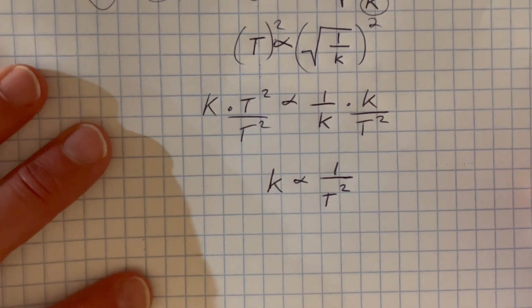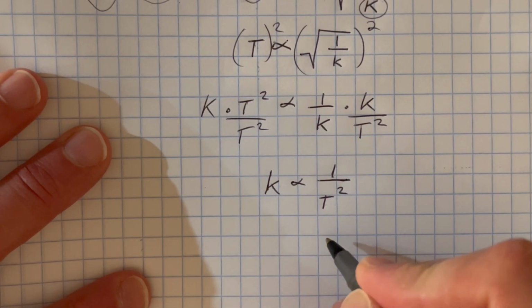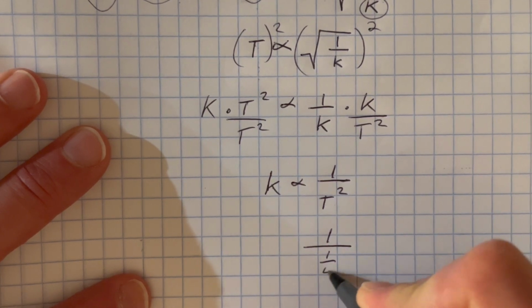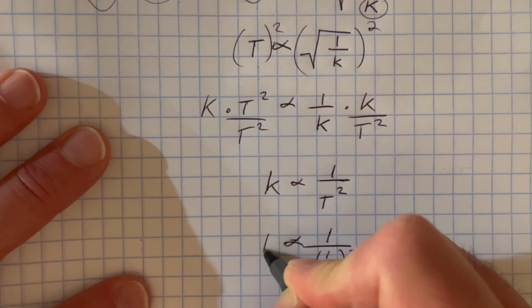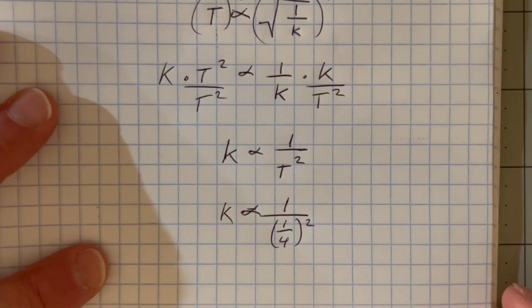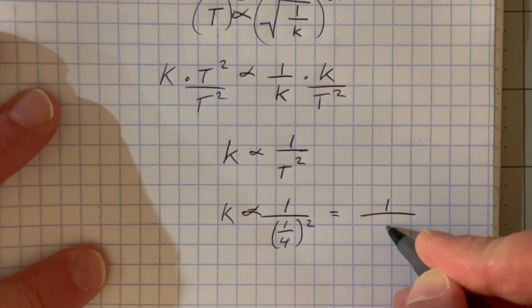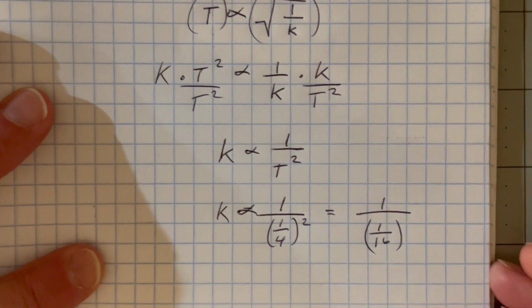So what we can do, in this expression, is just replace T with 1/4. So we'd write 1 over 1/4 squared to figure out the factor of change of K. All right, so we'll do a little bit of math. This is equal to 1 over, and then 1/4 squared would be 1/16, right?